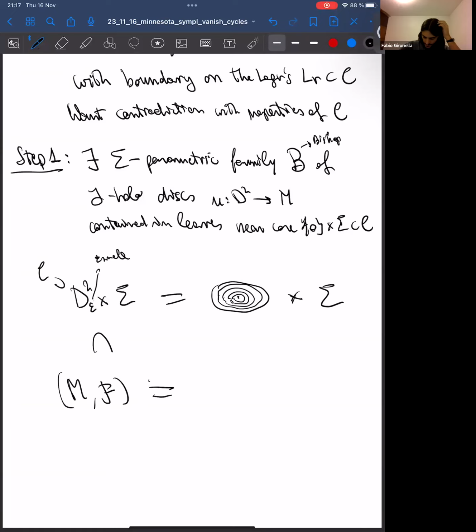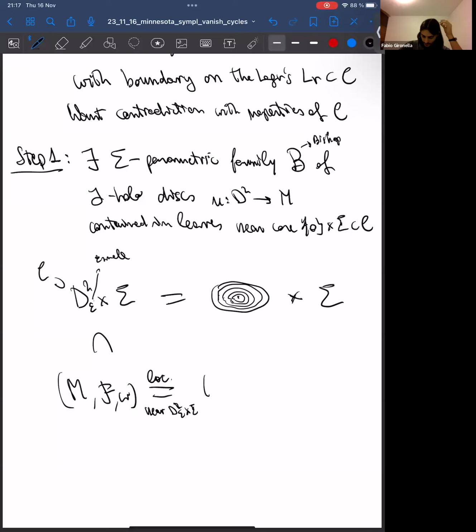Locally, this looks as follows. Locally near, this D2 epsilon times sigma. The foliating manifolds, with omega, look like the following.